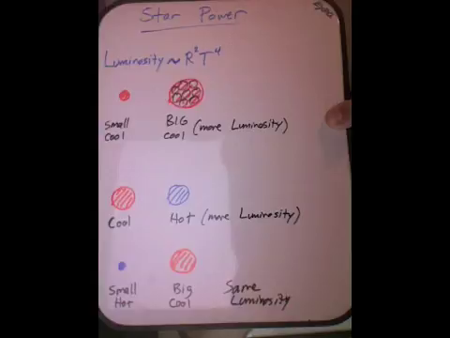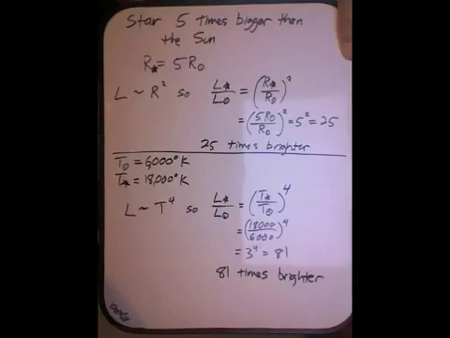Alright, there are lots of different kinds of stars out there, and now we're going to learn through a few examples how to compare the luminosity of a star to the luminosity of the sun when we change the radius or the temperature. So let's start with a star 5 times bigger than the sun, with a radius that's 5 times the radius of the sun's.